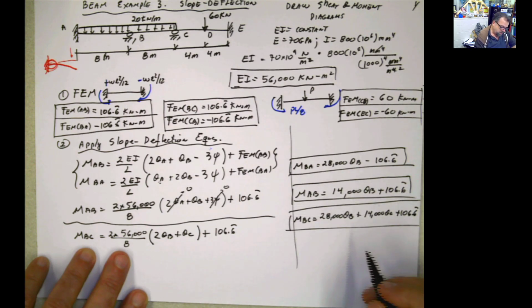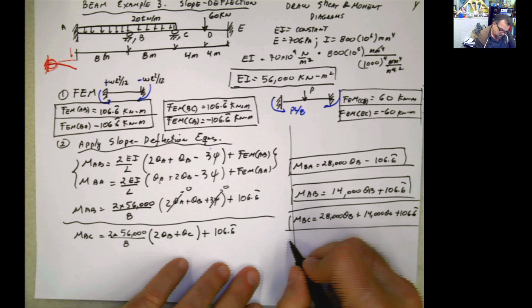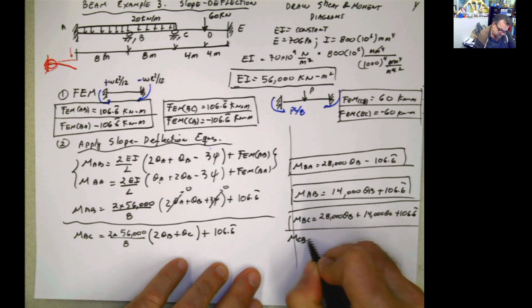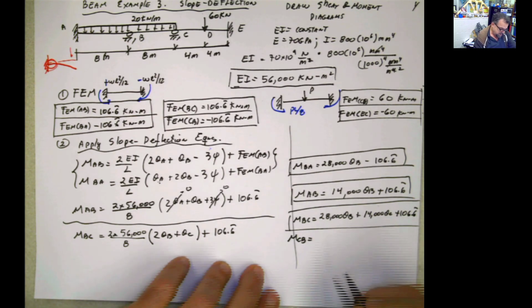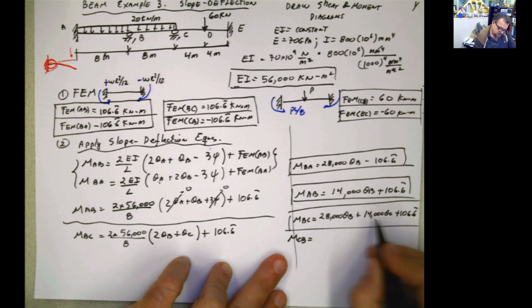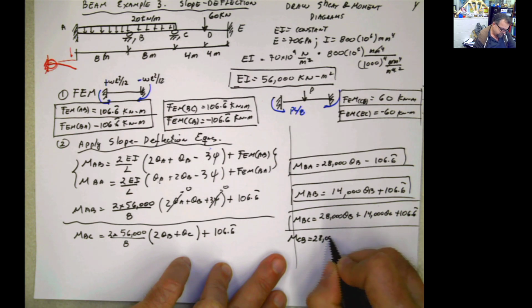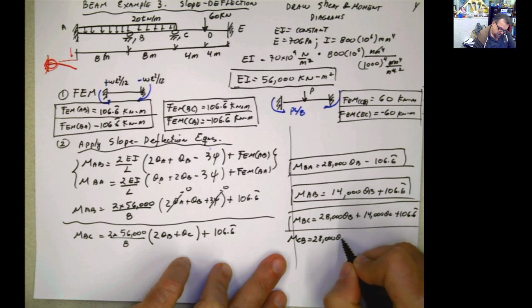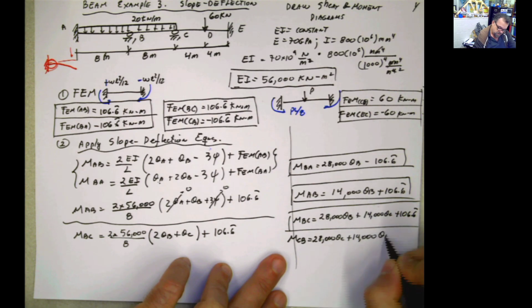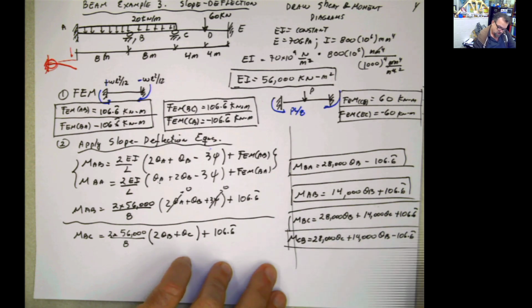Now if I want to calculate MCB, well, MCB is going to be the same, but now this switches, and this also is negative. So it's going to be 28,000 rotation at C plus 14,000 rotation at B minus 106.6. And now you have this other one.